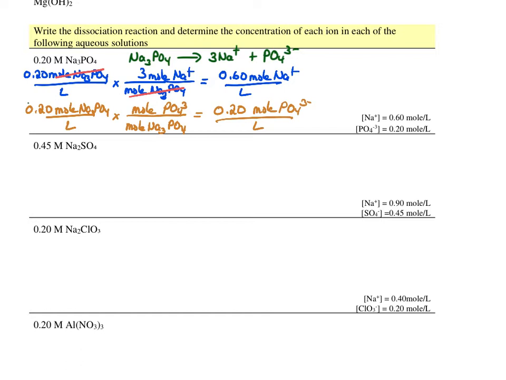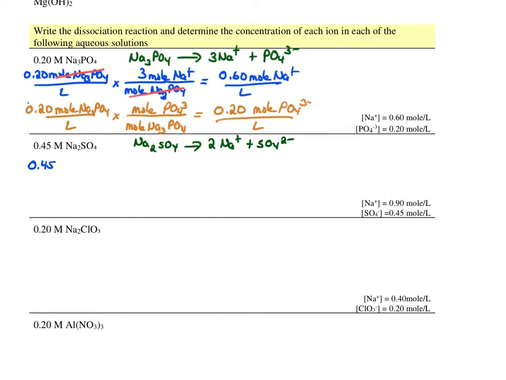Similar process for sodium sulfate. First, a dissociation reaction. Here we see 2 units of sodium ion per unit of our compound and 1 unit of sulfate ion in solution.